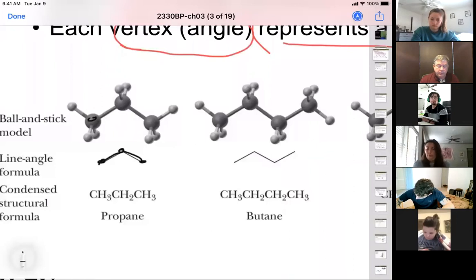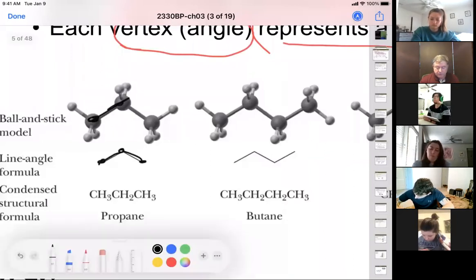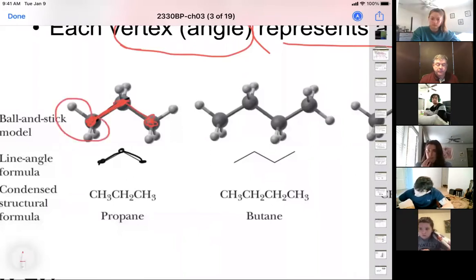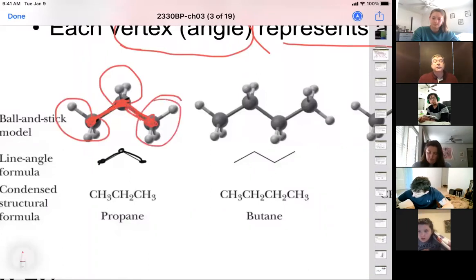So what does that look like in a ball and stick model? The same thing. Let me change colors here. Carbon bonded to another carbon, bonded to another carbon, but now we're adding the hydrogens. This carbon was bonded to one other carbon, so we have to add 3 hydrogens. This carbon is bonded to 2 other carbons, so we add 2 hydrogens to make a total of 4 bonds. And this carbon was bonded to 1 carbon, so we add 3 hydrogens to make up those 4 bonds.